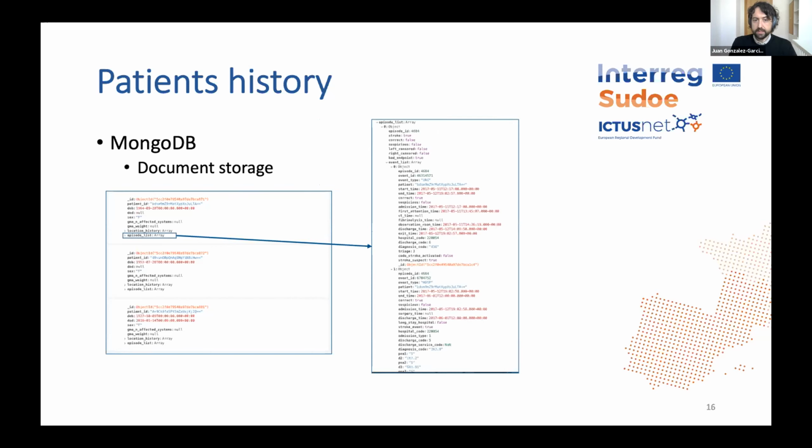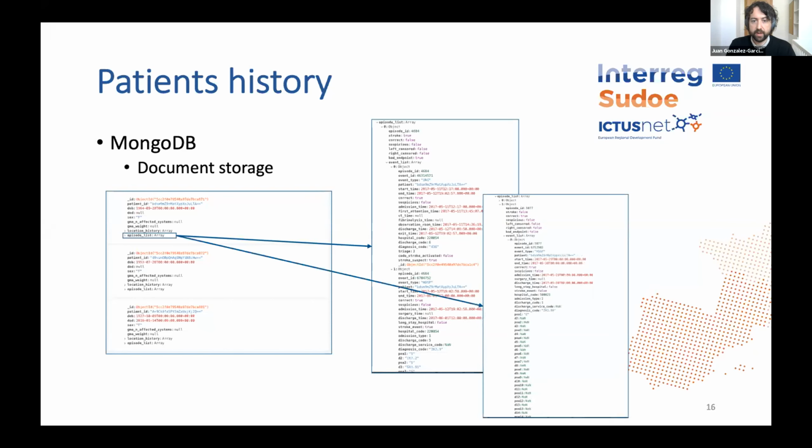If you move forward, you can see the first one is the emergency room events, which precede the hospitalization event. And that conforms the patient history, because you can have more episodes for a single patient. Now we have this kind of patient history.